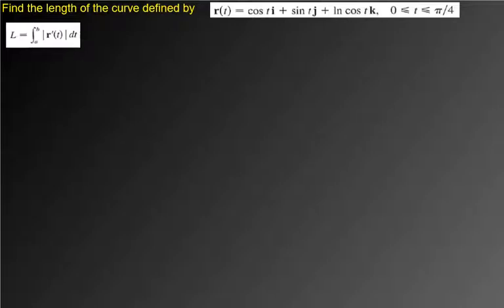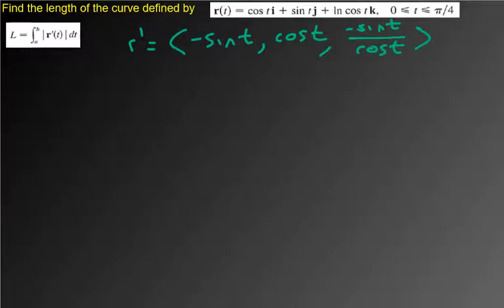We've got r prime equals, for this, minus sine t, cosine t, and then the derivative of natural log cos t would need the chain rule, and so you would get minus sine t over cos t.